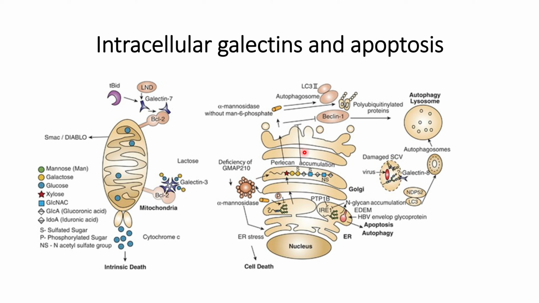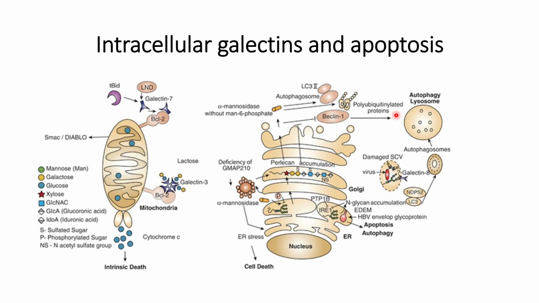What happens in this case is that whenever this perlecan accumulation occurs, it will inhibit Beclin 1 formation, and that will lead to polyubiquitinated protein formation. I mentioned it the wrong way earlier.